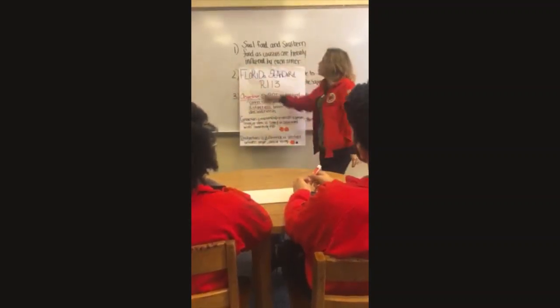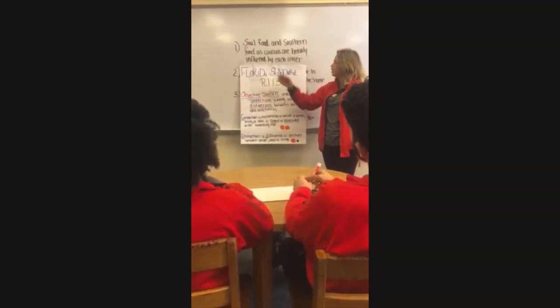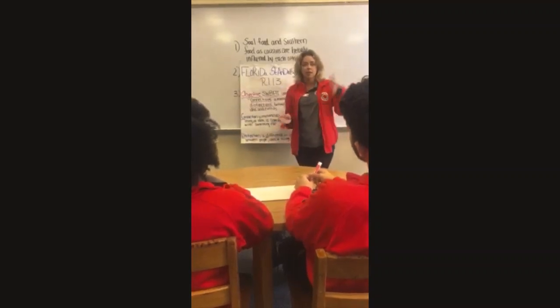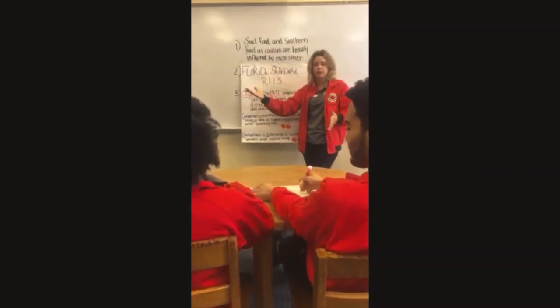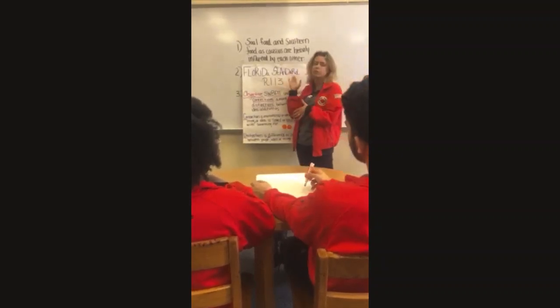the sentence says, soul food and southern food as cousins are heavily influenced by each other. So if this is a connection, write a C. If this is a distinction, write a D. So again, soul food and southern food as cousins are heavily influenced by each other.